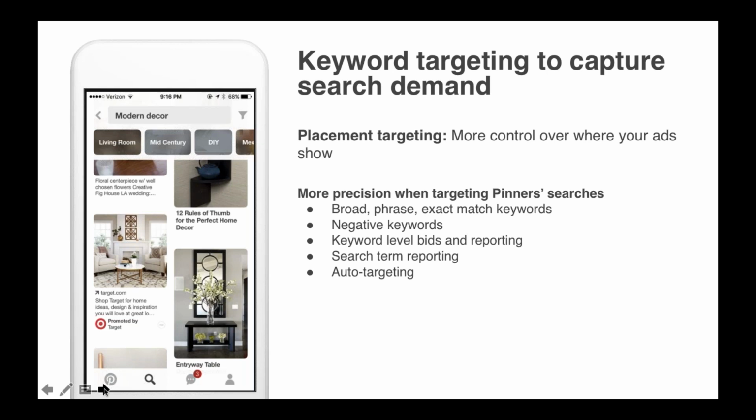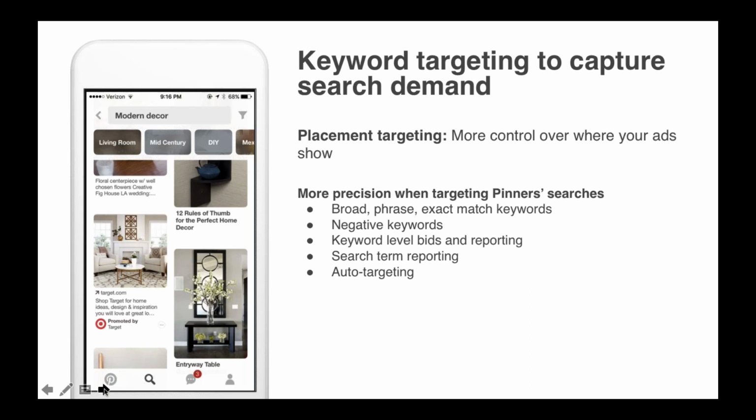Previously on Pinterest, if you wanted to advertise, you had to advertise on that home feed, that browse mentality, and the search page, the search results, so the searching mode. Now we can allow you to break the two out. For folks who are trying to activate in a painless, quick and easy, just get up and running way, by all means, we highly recommend just going ahead and advertising across all placements from the beginning.